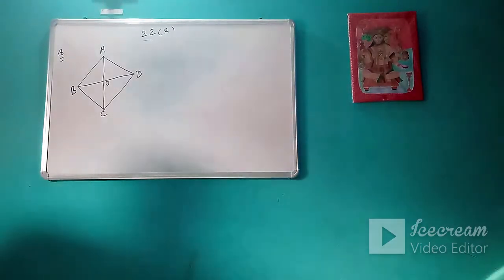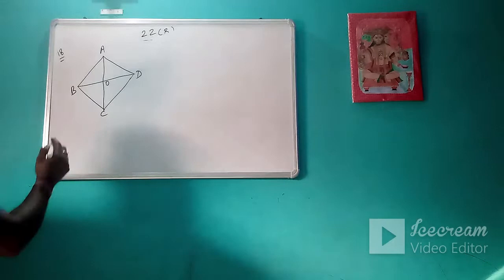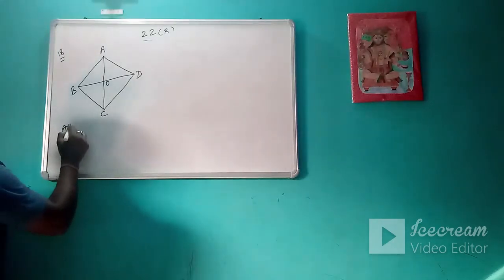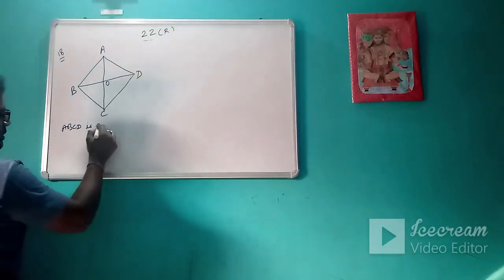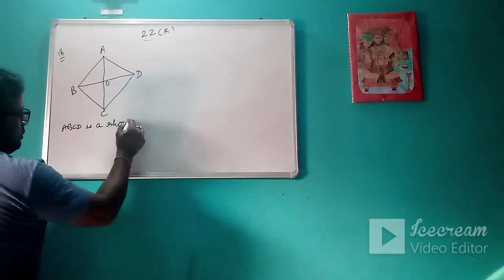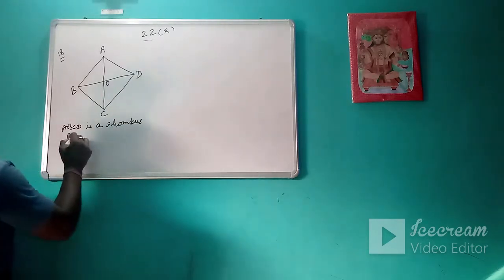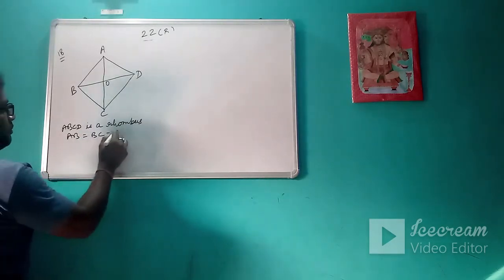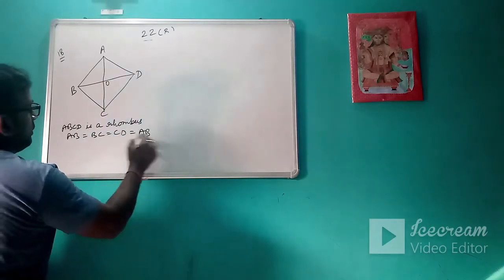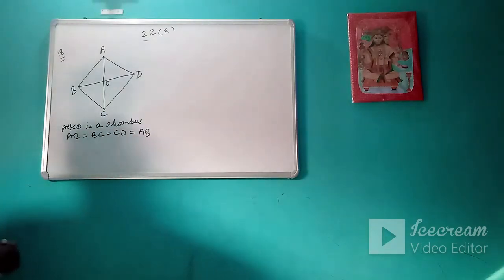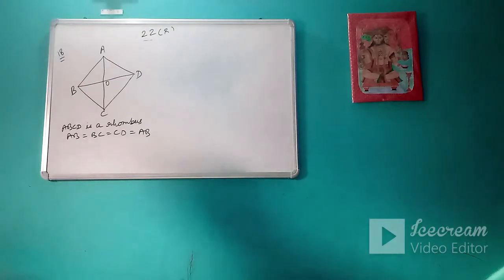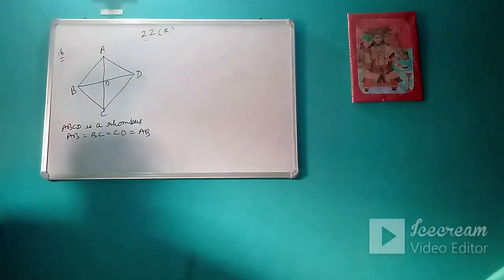Okay, let's discuss one more question. Now in this question, what is given is that ABCD is a rhombus. Rhombus means all sides are equal: AB equal to BC equal to CD equal to DA.